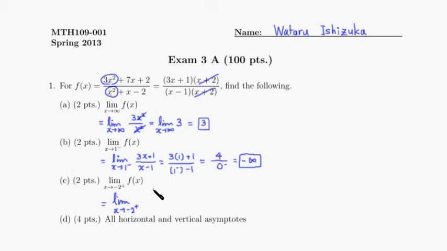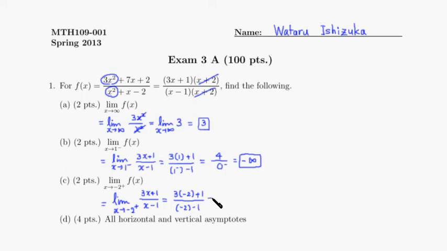We can use the same function, 3x plus 1 over x minus 1, and then just plug in: 3 times negative 2 plus 1 over negative 2 minus 1.